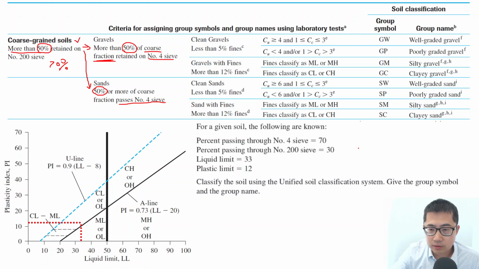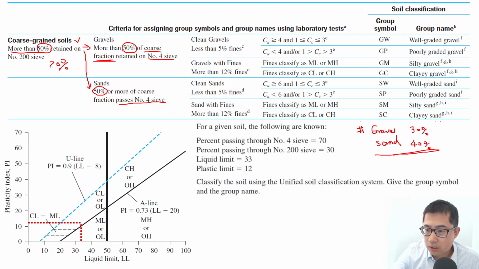So let's come back to the numbers. Like we talked about, we have gravel, which is 30% of the total. And we have the sand, 40% of the total.